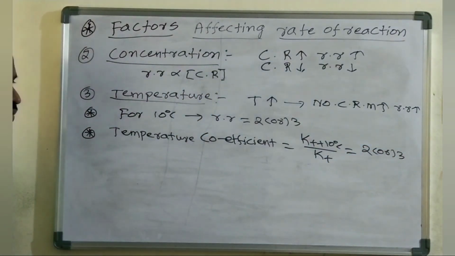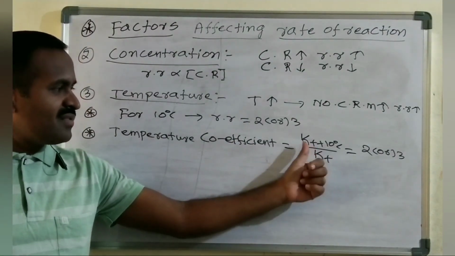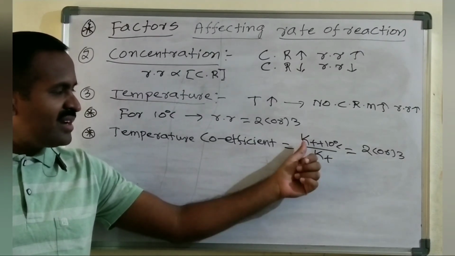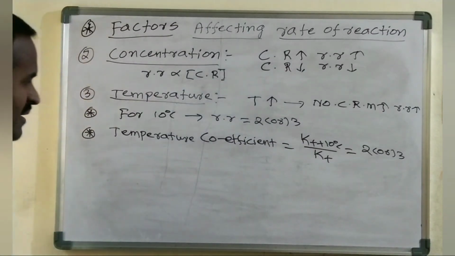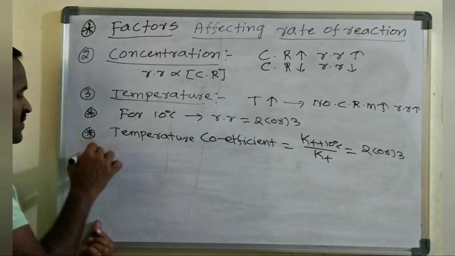So the temperature coefficient we write as K(T+10). Initially 25 degrees centigrade is there, and the temperature is raised to 35 degrees centigrade. The ratio between K(T+10 degrees centigrade) and K(T) is equal to 2 times or 3 times. So this is the general one, and the next one is the fourth one.